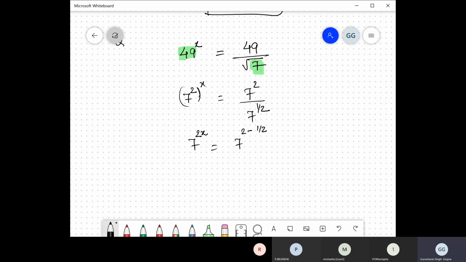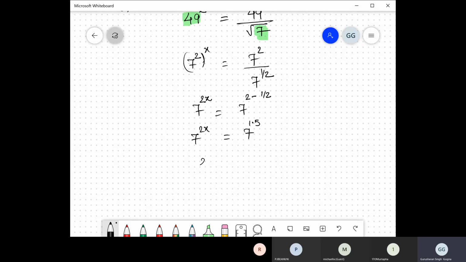These are the common laws which you are using. So 7 to the power 2x, 7 to the power 2 minus half. Again, I'll prefer to write this as 1.5. And now I can equate the powers. So 1.5 divided by 2 will give you 0.75.